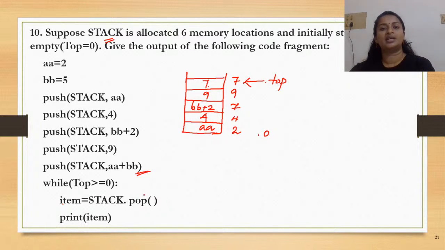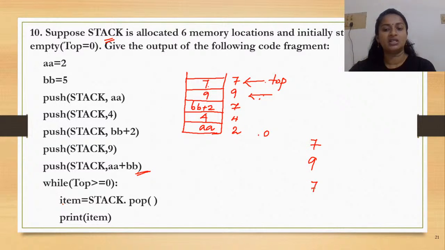Now what is the order in which it would be printed? Right now top is pointing to 7. So when you try to print the top of the stack, the value 7 would be printed. After that, top gets decremented. The next time, 9 would be printed on screen.